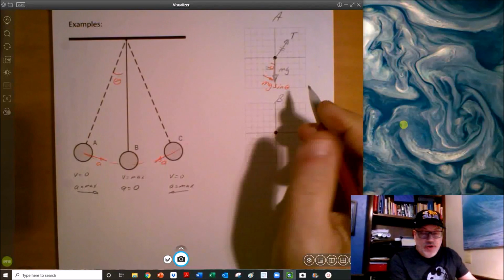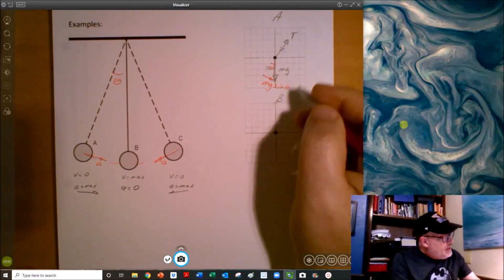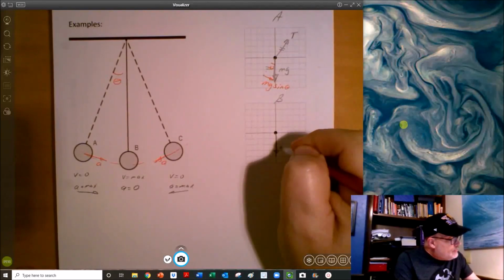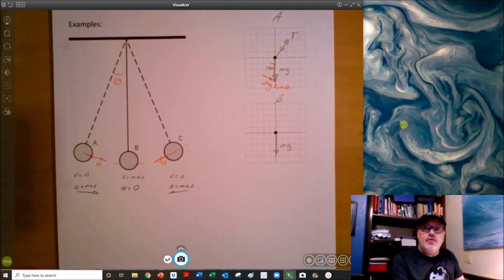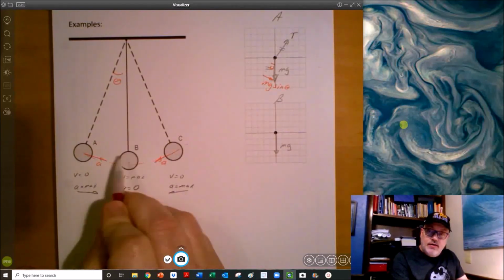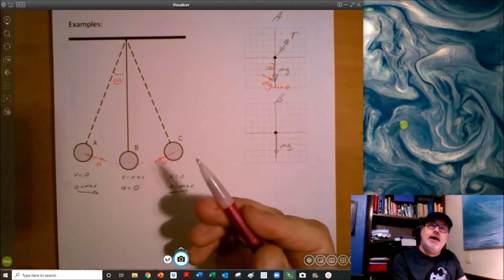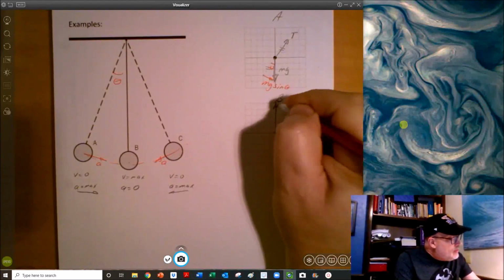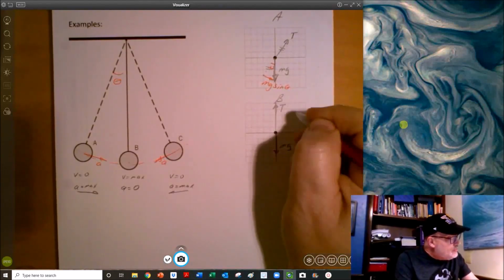Now, if we look at point B over here, we're at the bottom. We should have the same gravitational force, so here's an mg force down, but we here are moving through an arc. Therefore we must have a centripetal acceleration, so the force upward here, tension, has to be larger than mg.